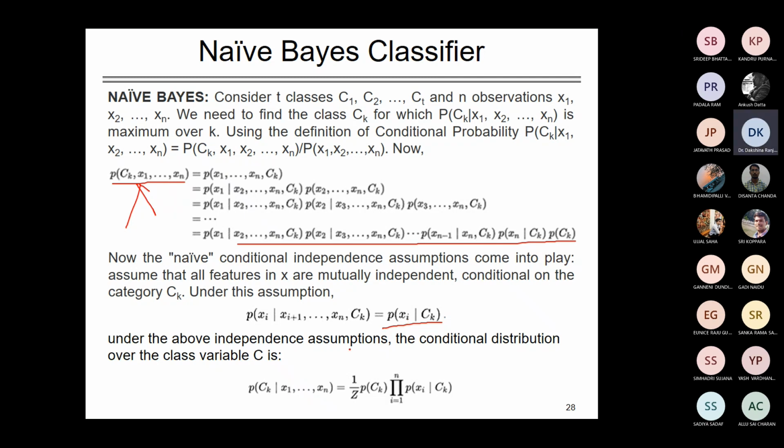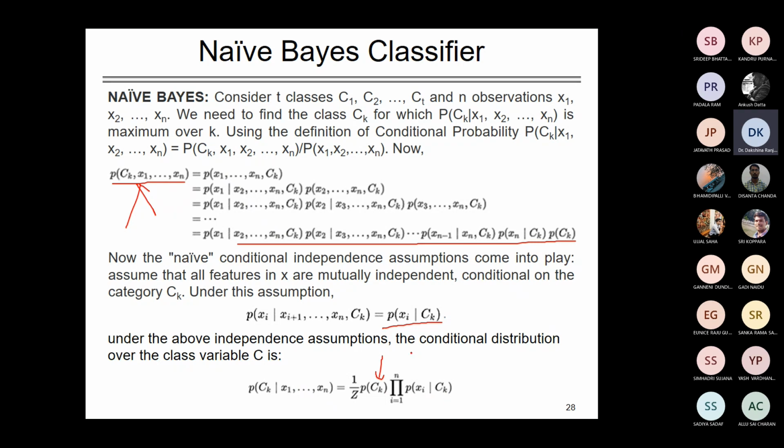Under the above independence assumption, the conditional distribution over the class variable C can be given by this equation. We can write p of Ck given x1 to xn equals 1 upon Z times the probability of Ck. This probability of Ck gives us the prior probability, which is multiplied with the product over the probability of xi given Ck.